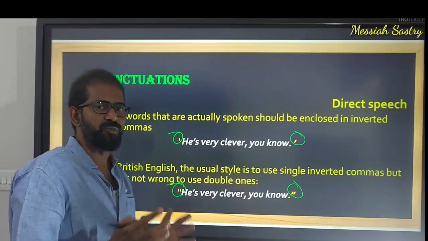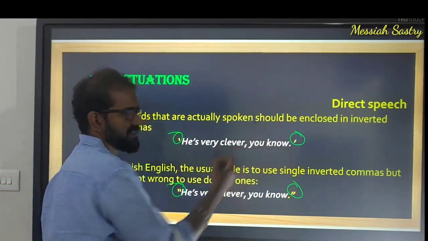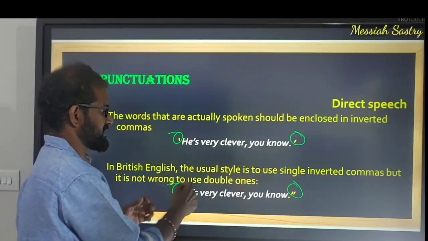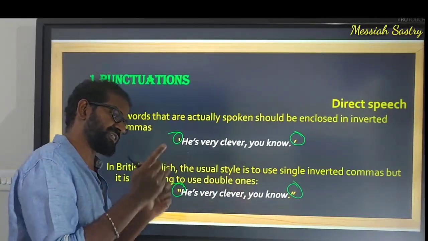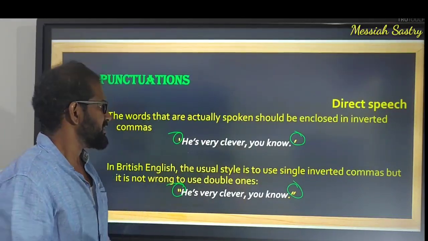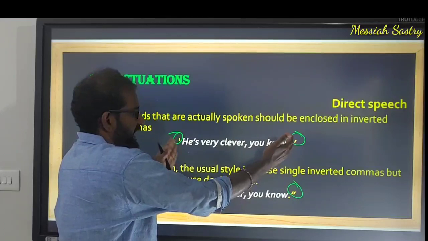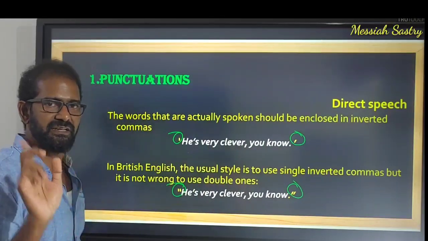Normally, a British style of writing uses single inverted commas, whereas there is no wrong in using double inverted commas. So you can use single or double. The actual words of the speaker must be in inverted commas, either single or double.